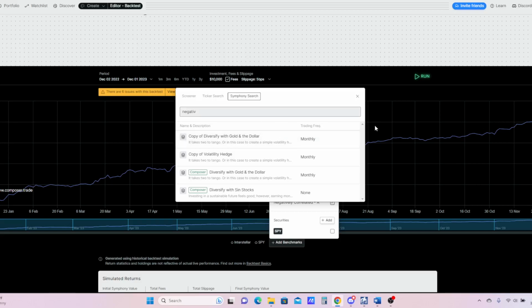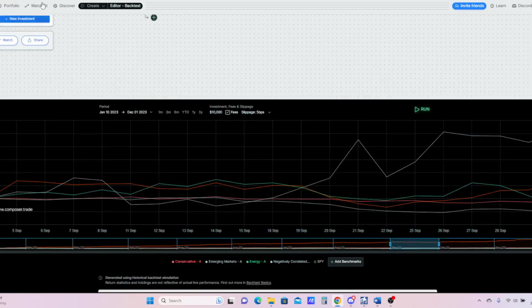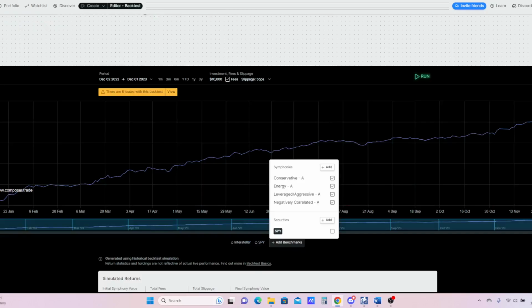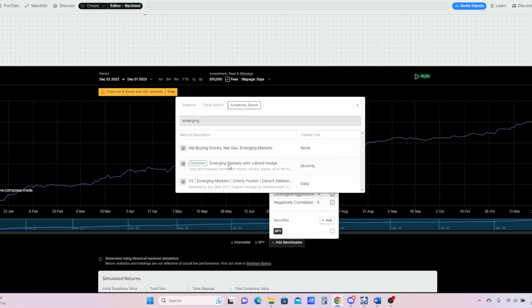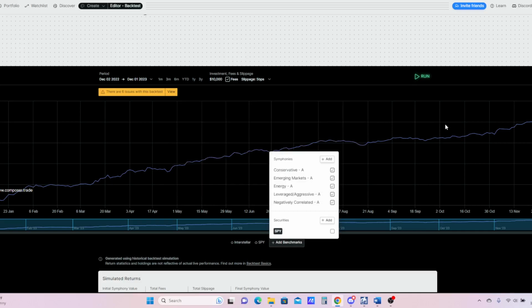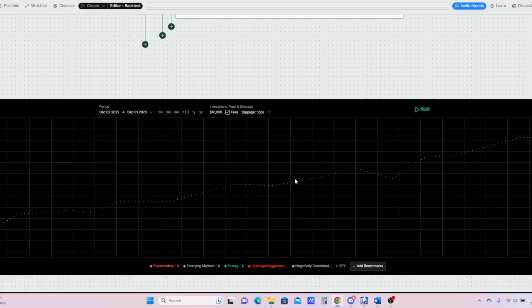Is that it, or am I missing one? Negatively correlated, leveraged, energy, conservative. Oh, emerging markets. Okay. So this is the master versus all of its individual symphonies.